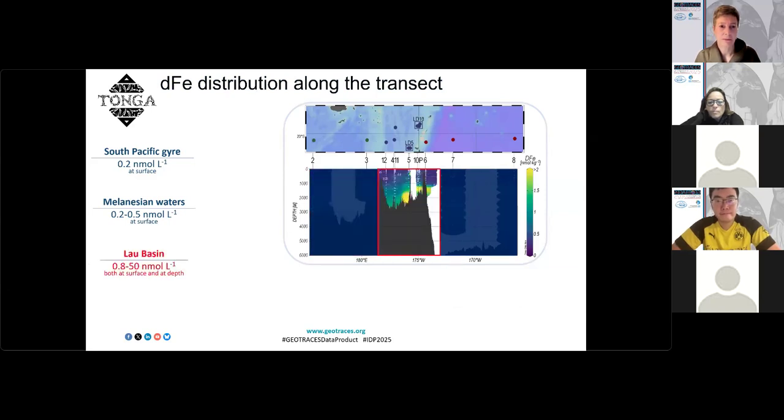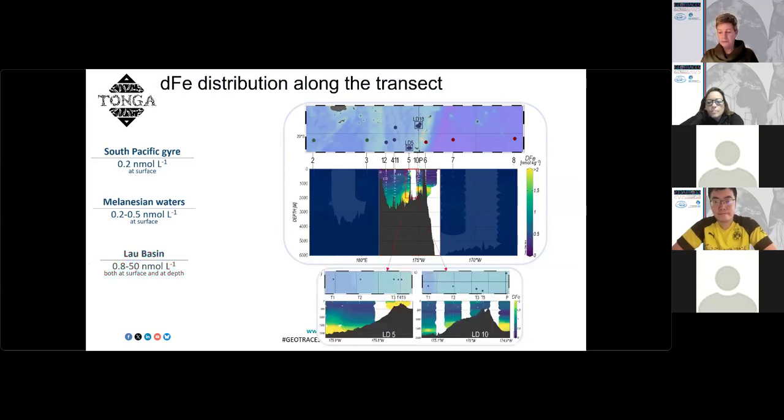In the Lau Basin, iron concentrations are really high, both at surface and at depth, ranging from 0.8 to 50 nanomoles. And these high concentrations are visible, especially on the arc, as you can see on the small-scale transects performed at the long-duration stations 5 and 10.